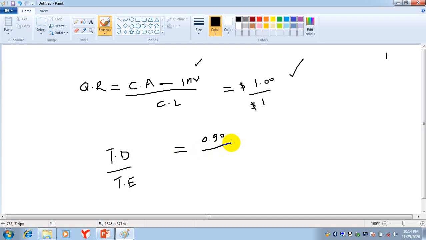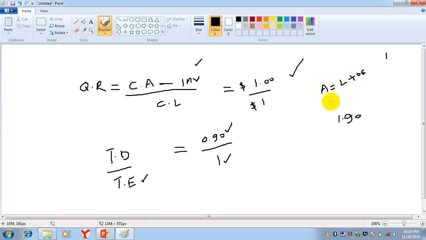0.90 divided by 1. So it means if total equity is $1, total debt is $0.90. For comparison, if your total assets are 1.90, asset is equal to liability plus owner's equity or capital.